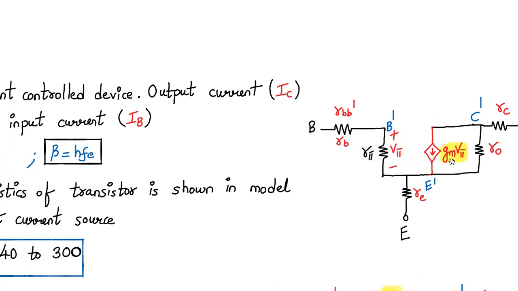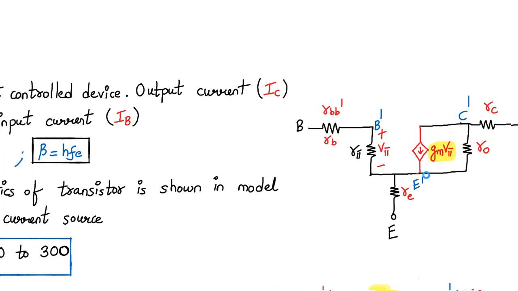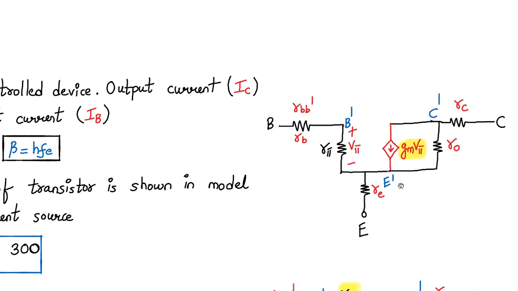If I want to represent it in the form of a current source IC, that will be GM into V pi, whereas V pi is nothing but VBE only. So this phenomenon is captured in the form of a voltage dependent current source GM into V pi. We have already seen this before.